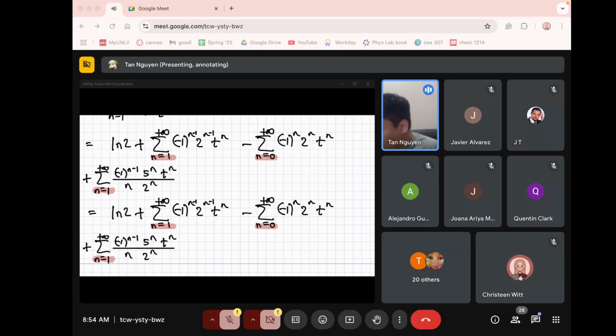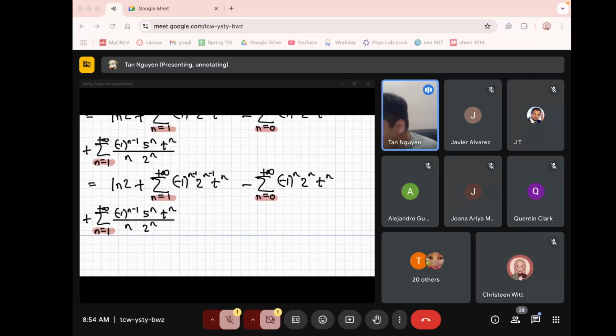Okay, so when n equals 0 in here, what do we get? n equal to 0, minus 1 to the 0 is 1, 2 to the 0 is 1, t to the 0 is 1. So I get 1. So when n equals 0, I get minus 1.